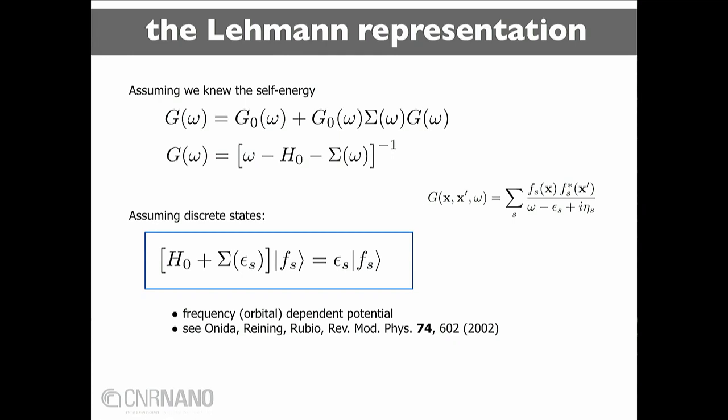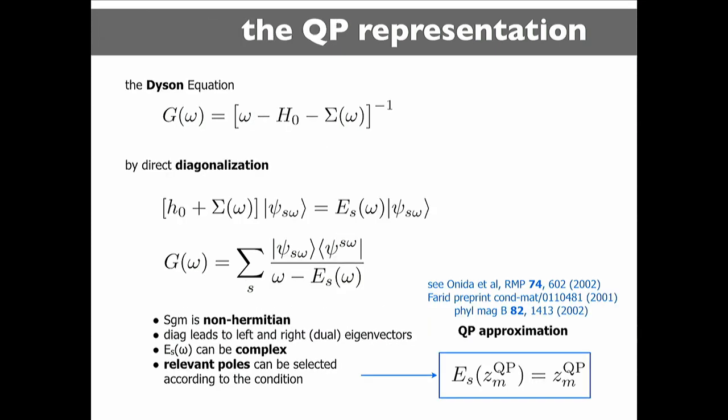For discrete states, the self-energy is Hermitian, again not granted in general when you have a continuum of states, but each of them belongs to a different operator, so they are not orthogonal. So this was, so far, the Lehmann representation.